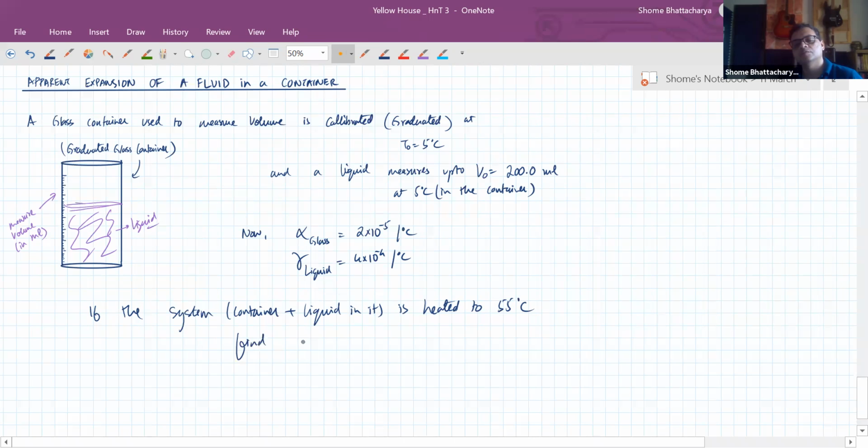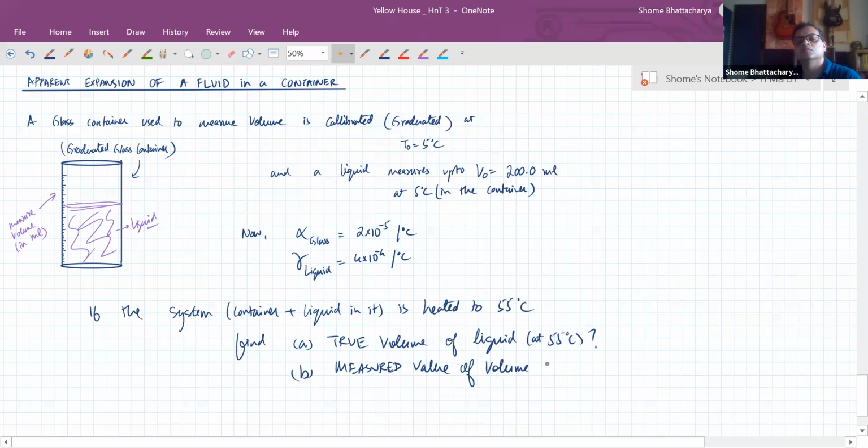find the true volume of fluid, the true volume of liquid at 55 degrees C, the measured value at 55 degrees C, and the percentage error in the measurement.